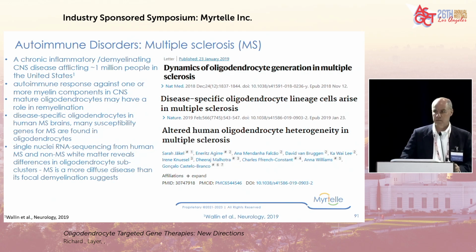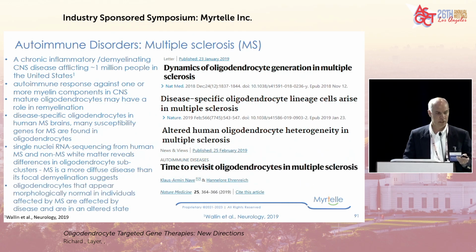Altogether, these studies indicate that oligodendrocytes are involved in MS and support an inside-out view and suggest that it's time to revisit oligodendrocytes in multiple sclerosis.